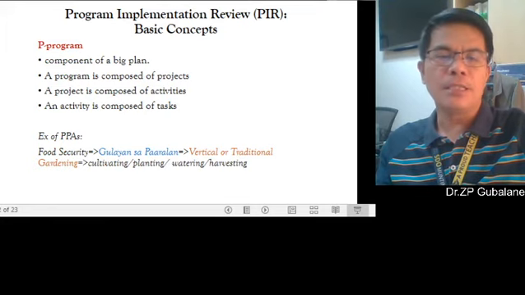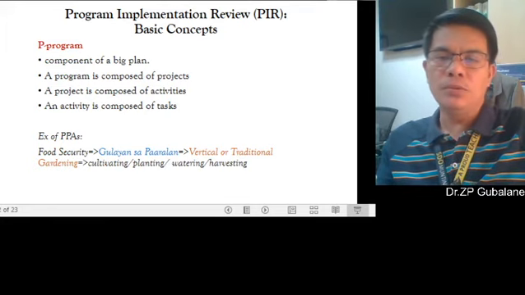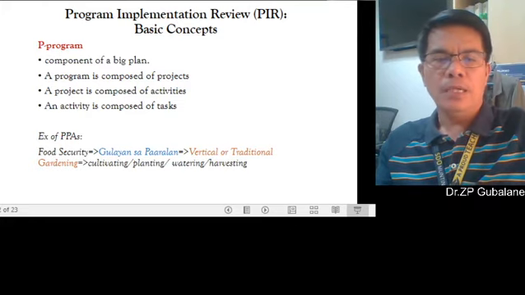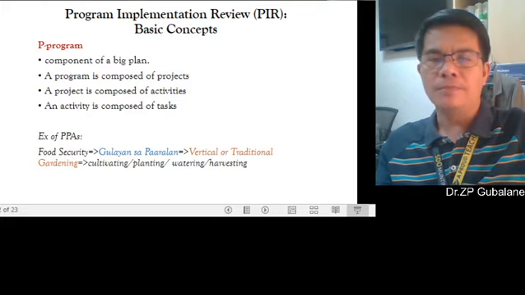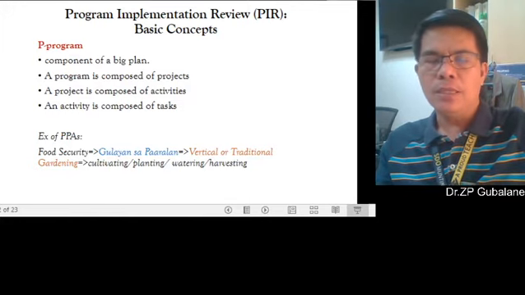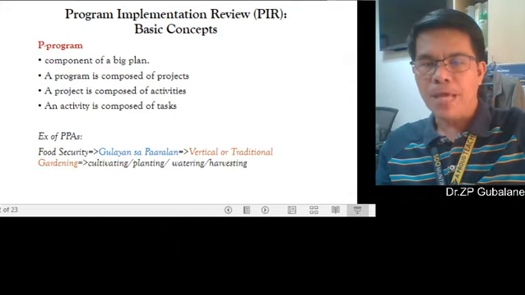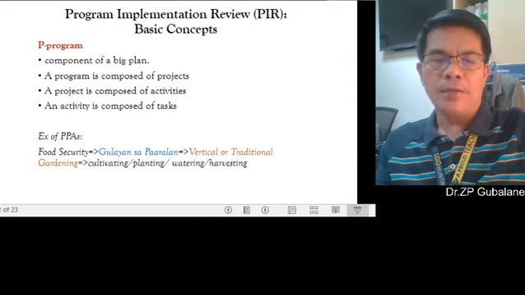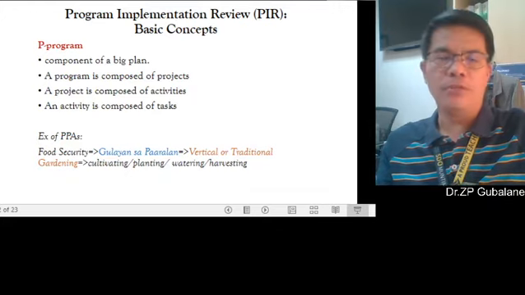Now, the basic concepts. As to the term program, a program is a component of a big plan. There's no such thing as a program without having first a plan. As far as plan is concerned, I am referring to the school improvement plan and annual implementation plan of your school.